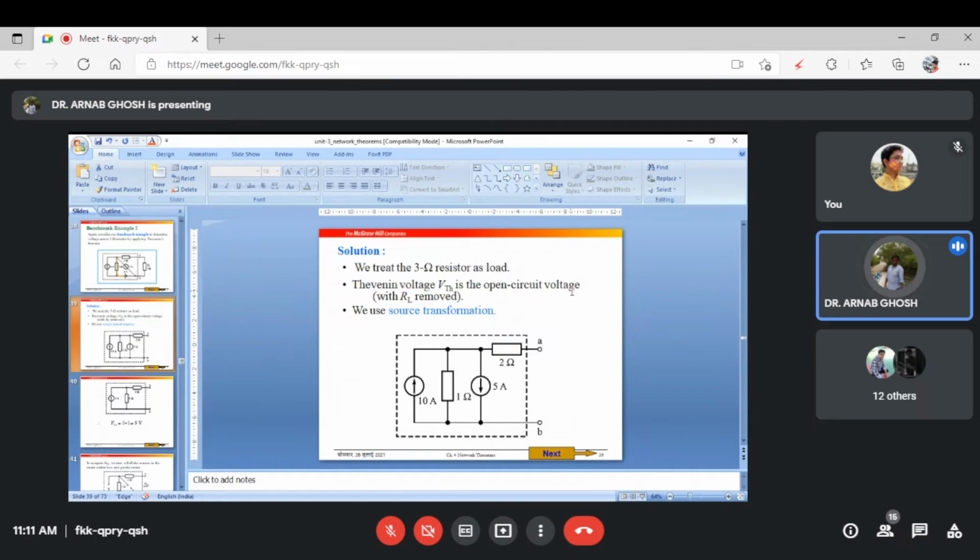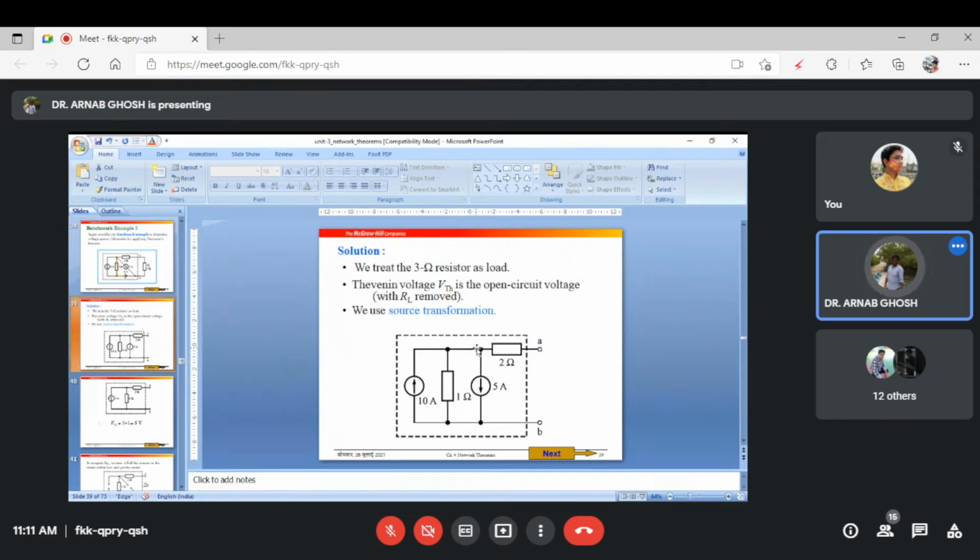So we are using source transformation. So what will be the total current in the circuit? 10 ampere minus 5 ampere. So the total current in the circuit is 5 ampere, right?